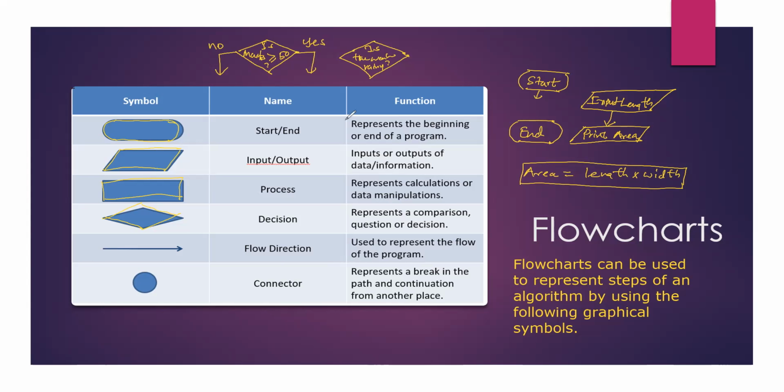To connect parts of the flowchart, say after this one we are going to finish, we can have a small circle labelled A, and then you can start again from A somewhere else. This is called a connector, especially useful when the space is not enough and you want to continue your flowchart on another page.